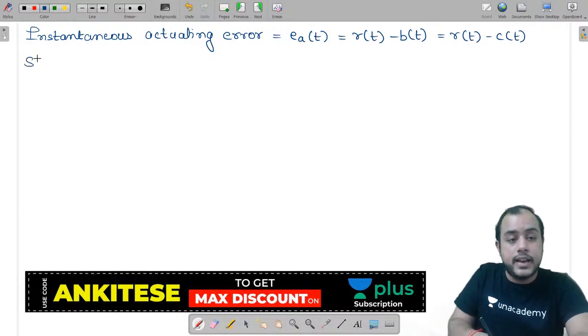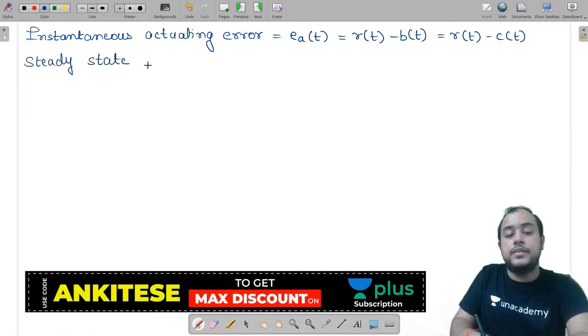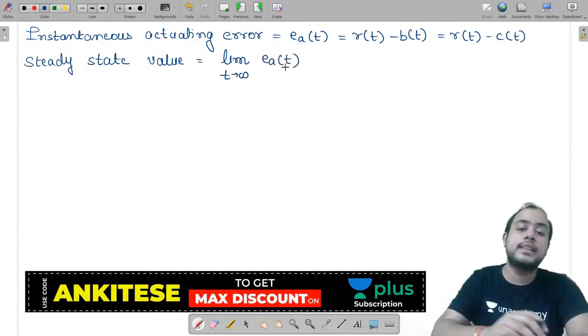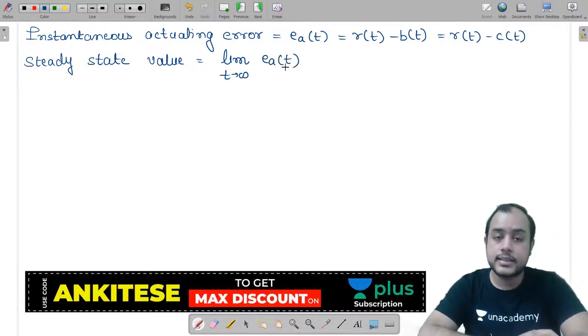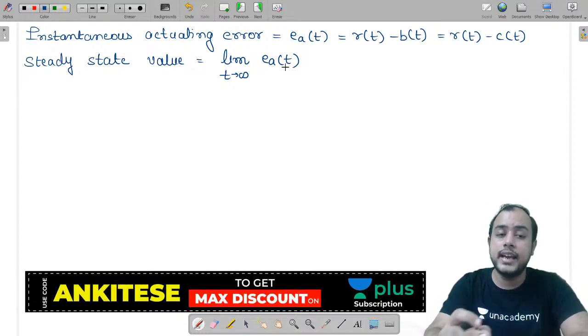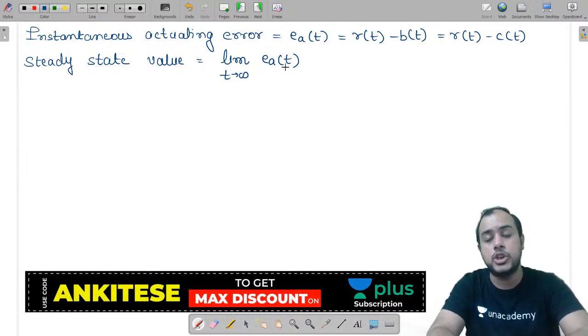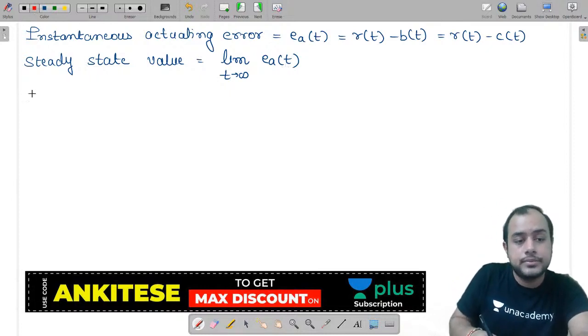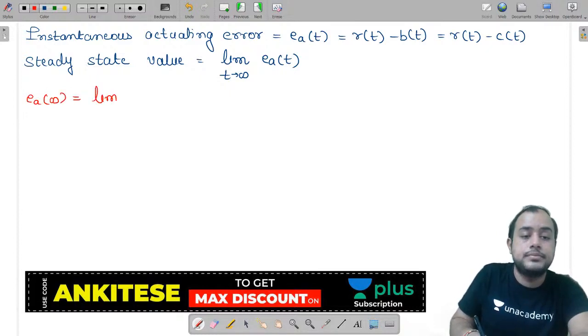And the steady state value, my friend, the steady state value is the limit as t tends to infinity. Now to find the steady state value of a function, we can also make use of the final value theorem. That is, e_a(infinity).